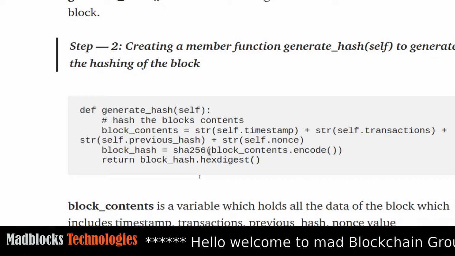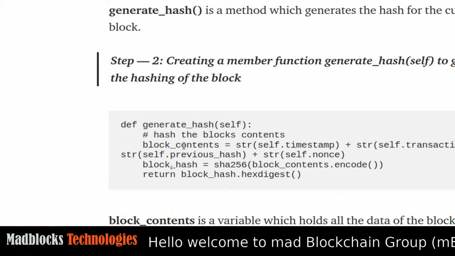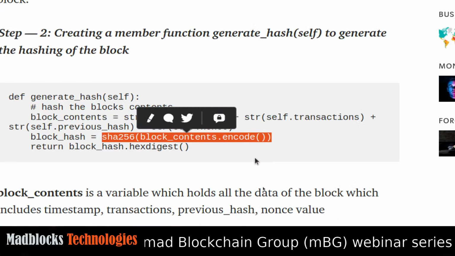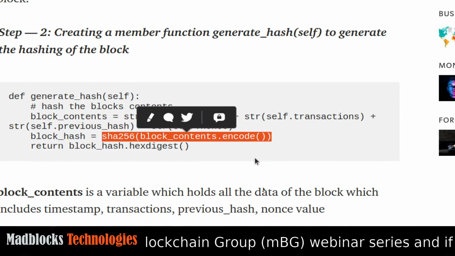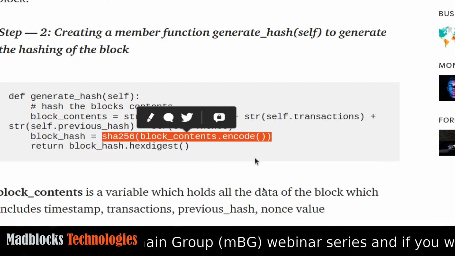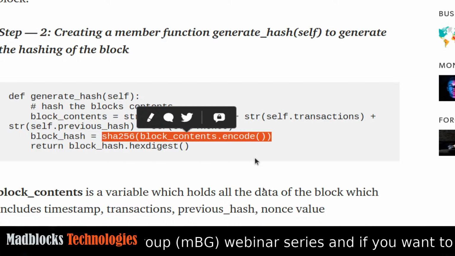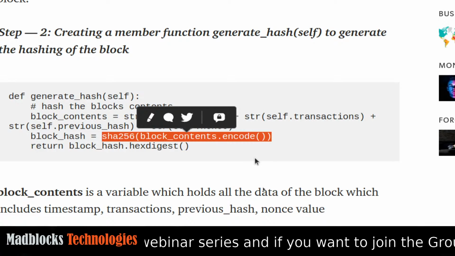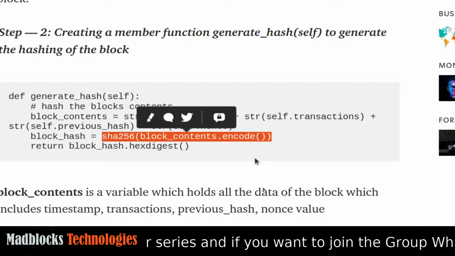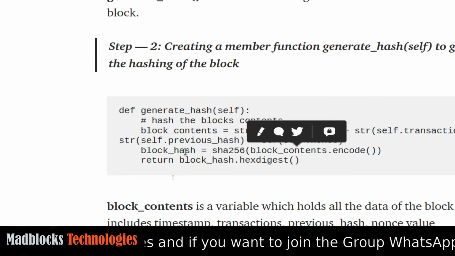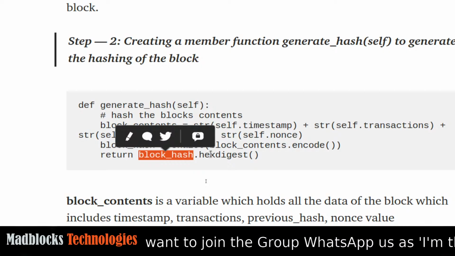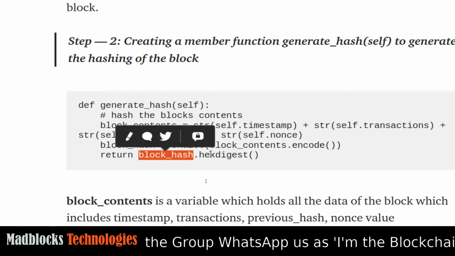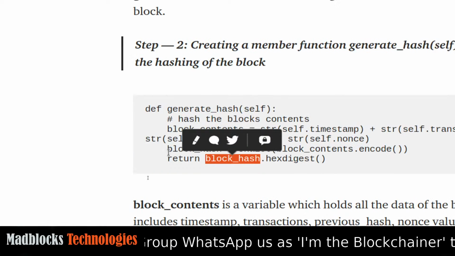So here there is one important step. What is the one important step? SHA-256, this is the important step, right? Whatever you pass to block underscore contents will be hashed in the SHA-256 algorithm, and that data will be returned to block underscore hash, and from block underscore hash we are passing only the hexadecimal, which is alphanumeric values, by calling dot hexdigest, because block underscore hash is an object.